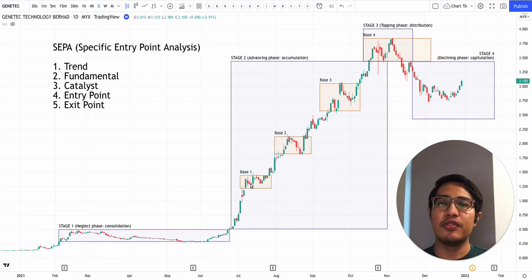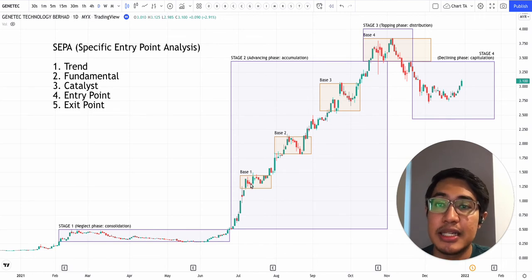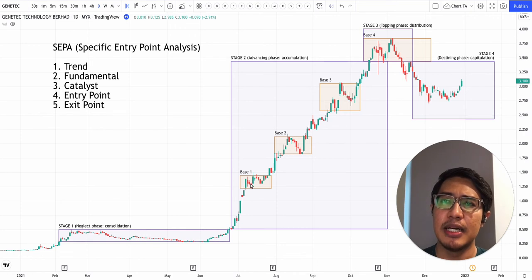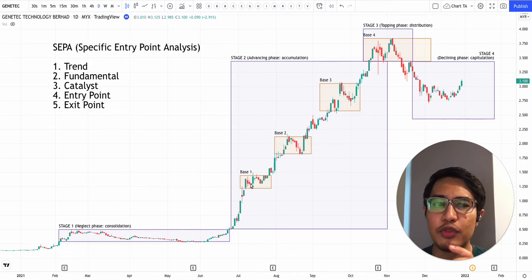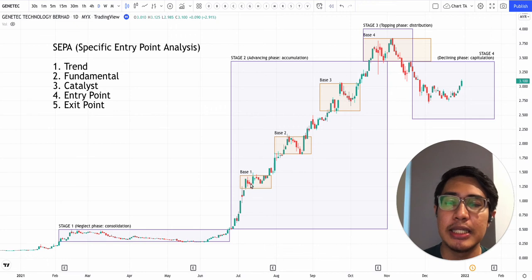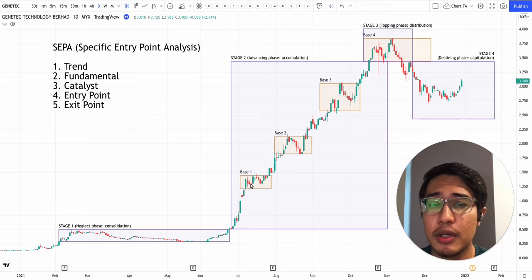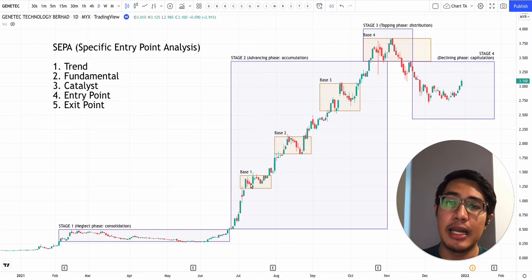So he tries to find a stage two counter, right? He has his own screener to do that, right? But the point is, to find a good super performance counter, he looks at counters that have the characteristics of a stage two counter, right? So that is the first thing, right?